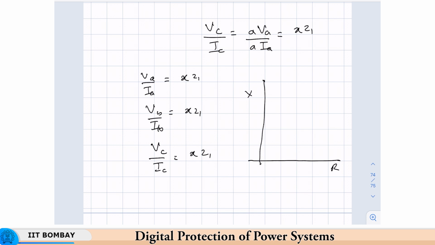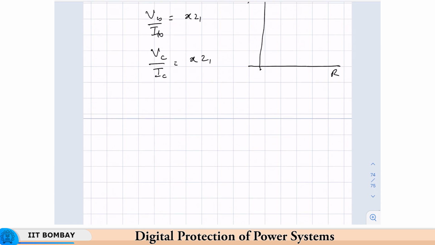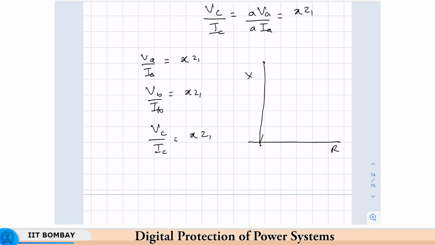Now let us move on to the double line to ground. Okay, what we are saying in the double line to ground fault is this. This is the distance x in the line.